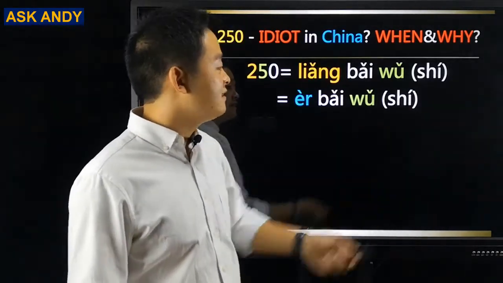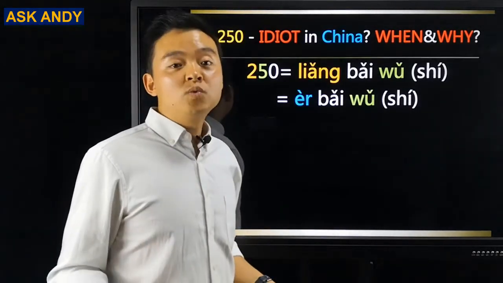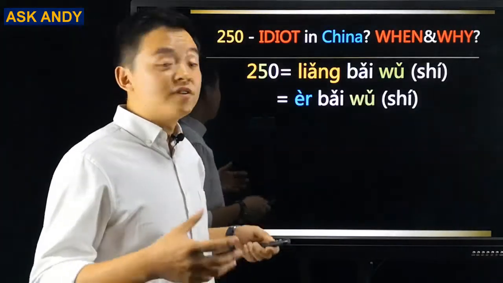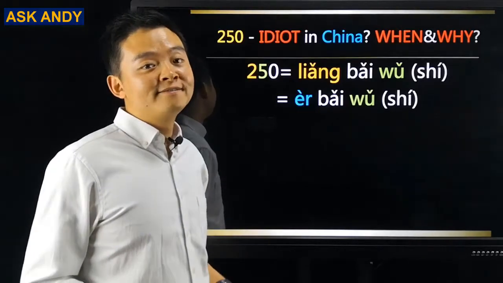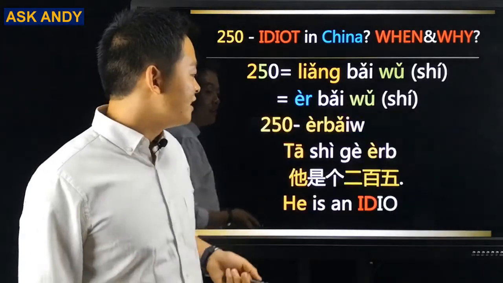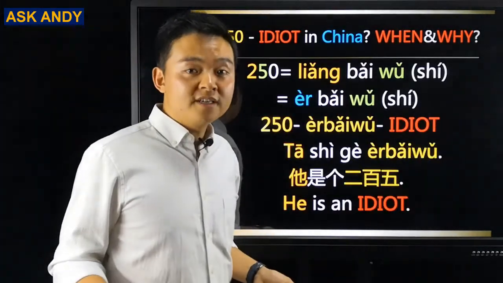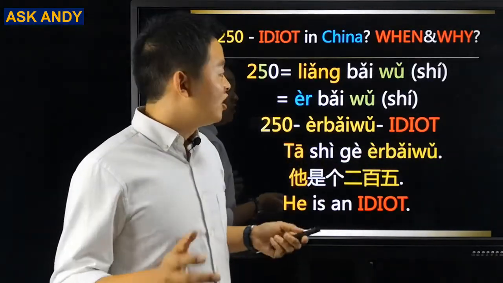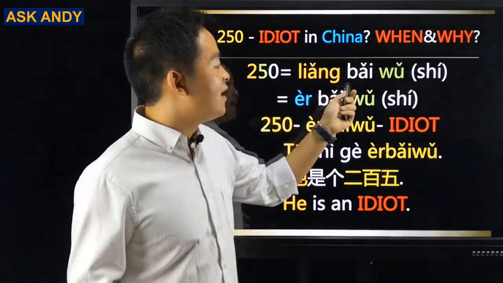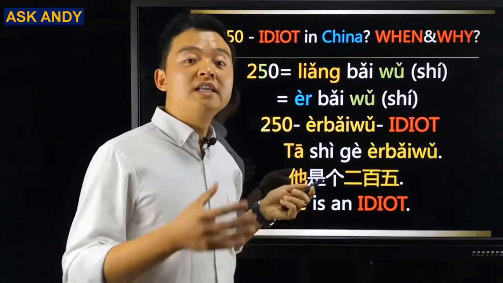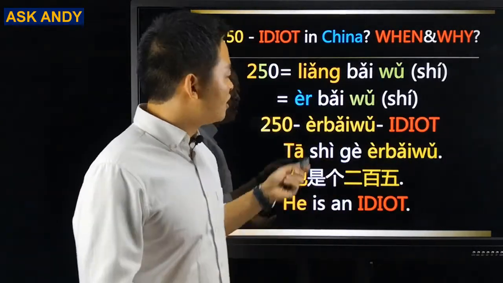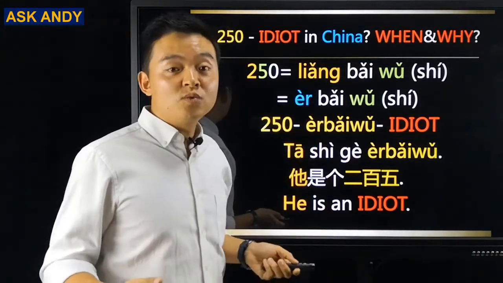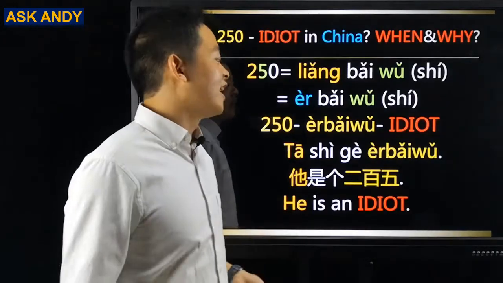Or we omit the 百, it becomes 二五. So which one refers to idiot in China? Here it is. 二百五. When we read it as 二百五, remember, you can't read it as 二百五 with other tones. It's just this one. 二百五 refers to idiot in China.